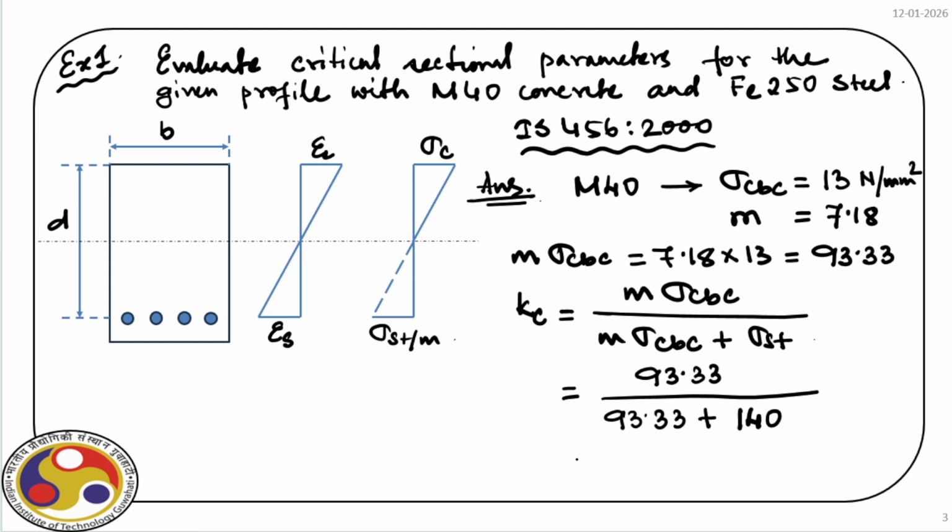So what we get is Kc is equal to 0.4. So that's the value of Kc.